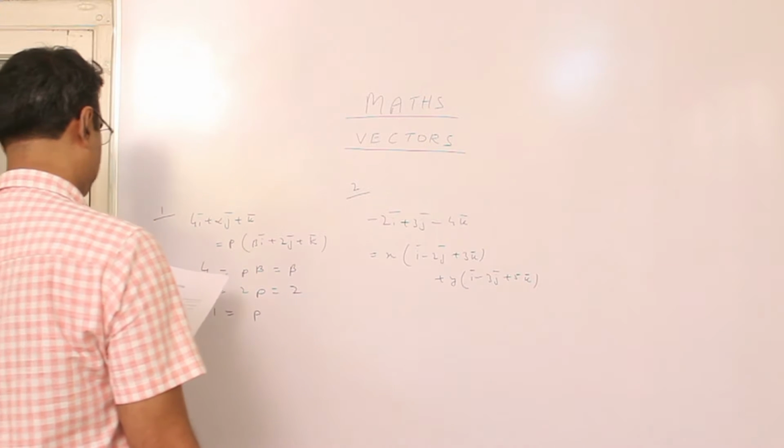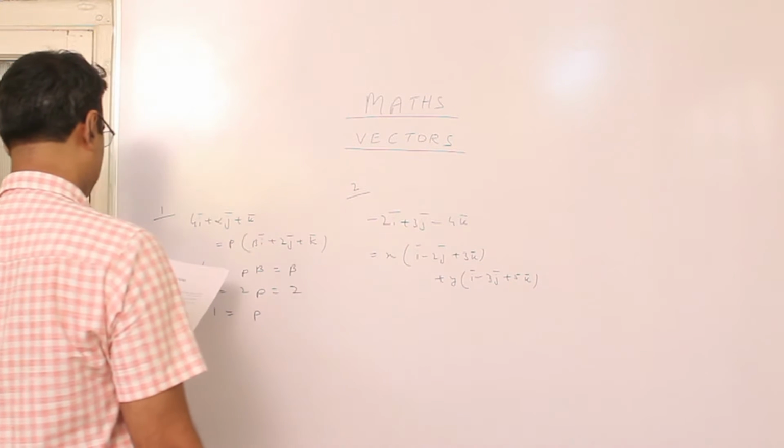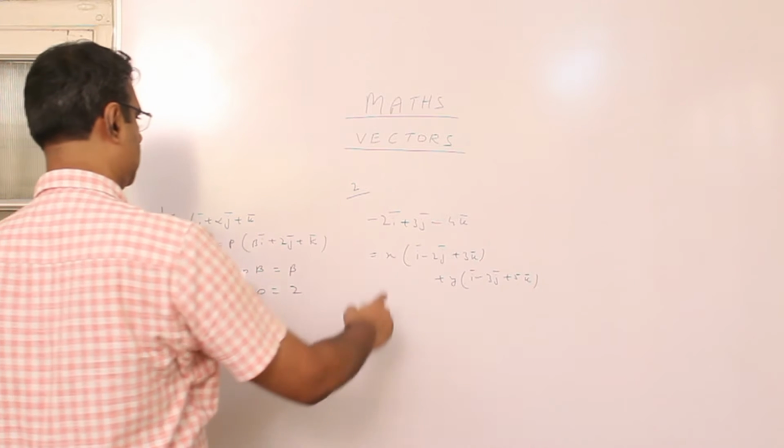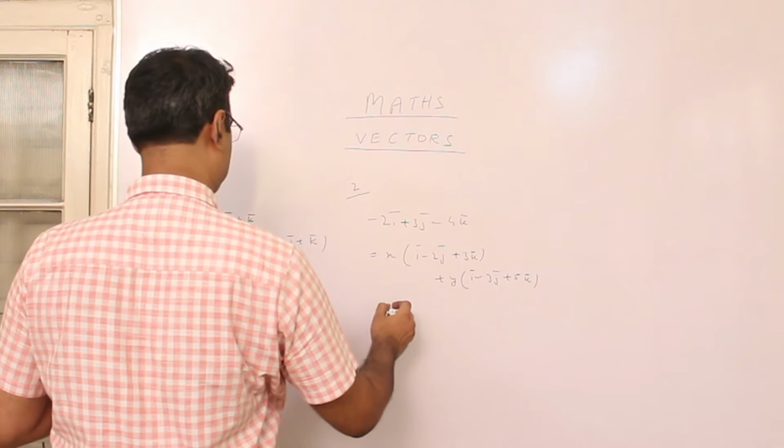So x into i minus 2j plus 3k plus y into i minus 3j plus 5k is equal to minus 2i plus 3j minus 4k.